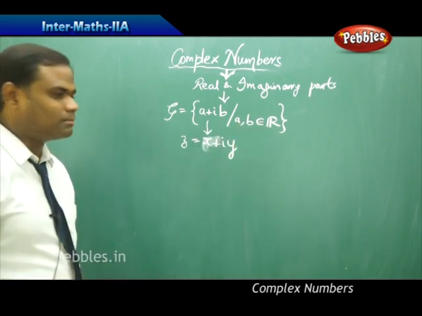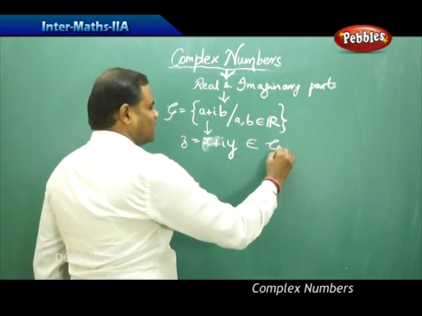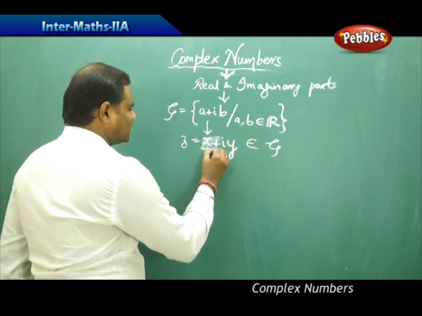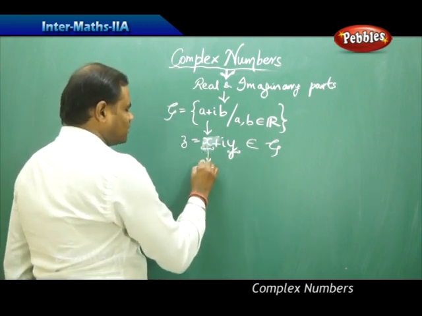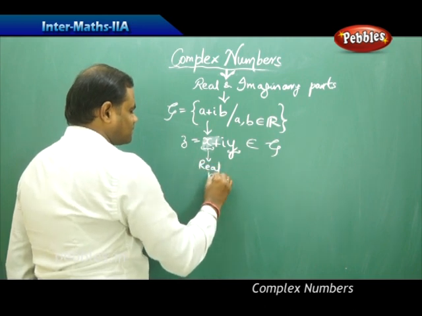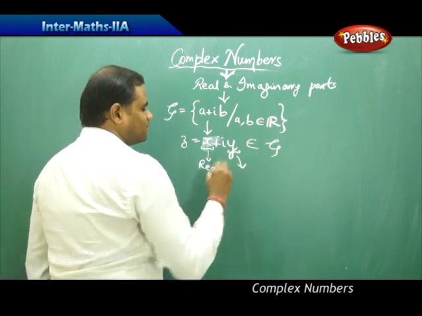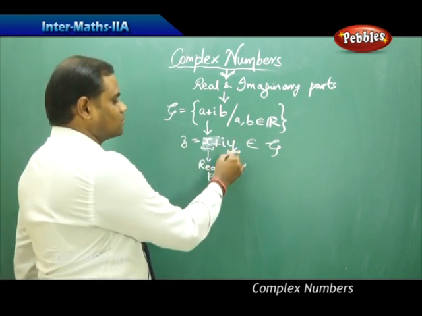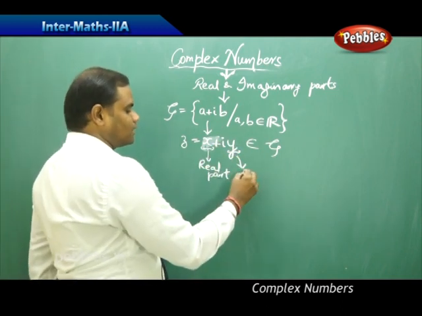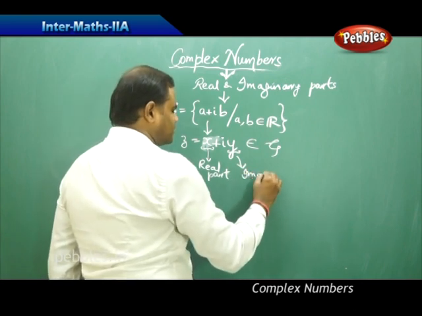then this complex number which belongs to C has two parts. One is this and one is this. So this is called the real part and this is called the imaginary part because this is associated with i.